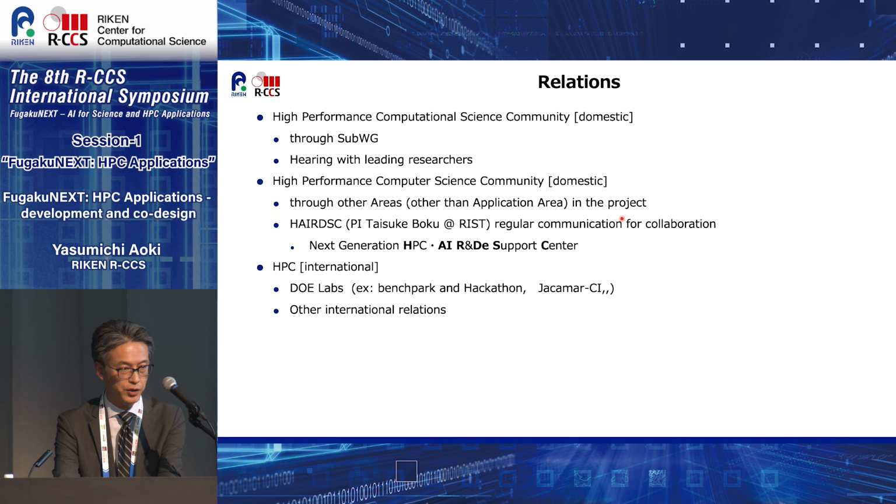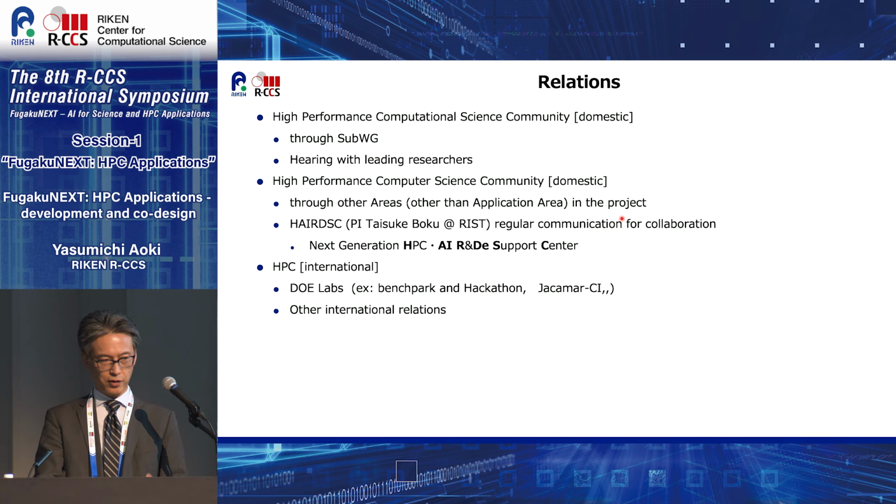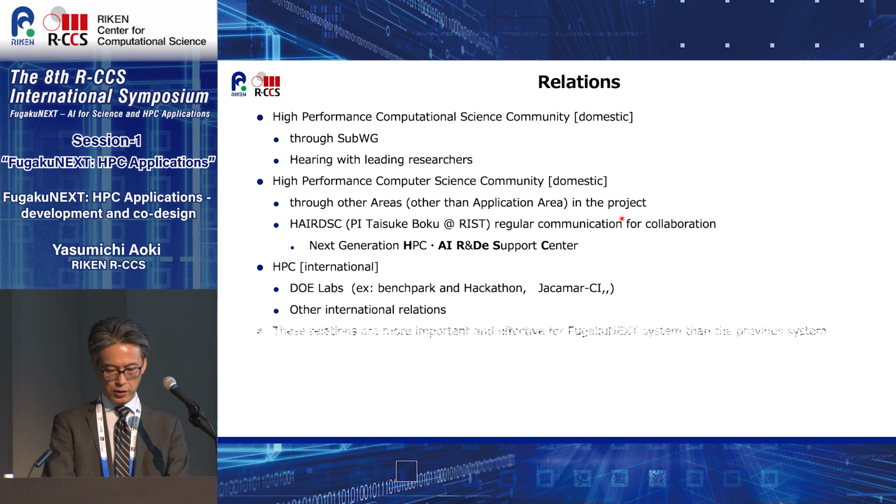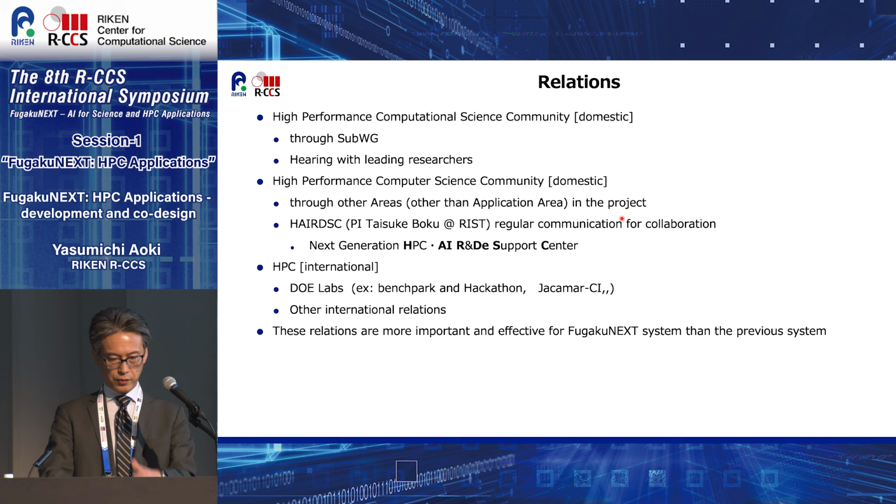The international HPC community relation is, of course, important, especially the DOE labs. And with other international relations, like the ceremony here today, maybe a future international collaboration we foresee.